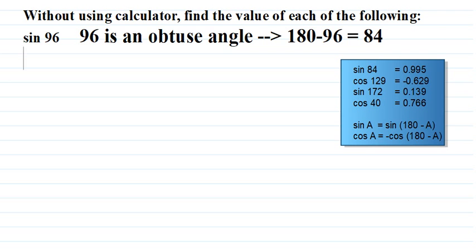So in other words, sine 96 is actually sine 84, which is going to be 0.995, and all of the data is corrected to 3 significant figures.